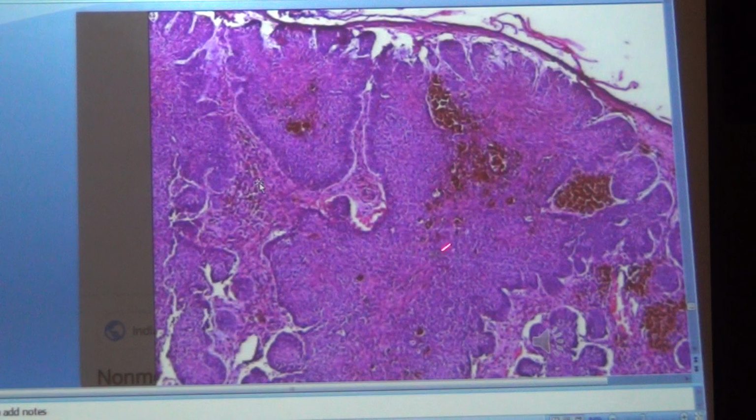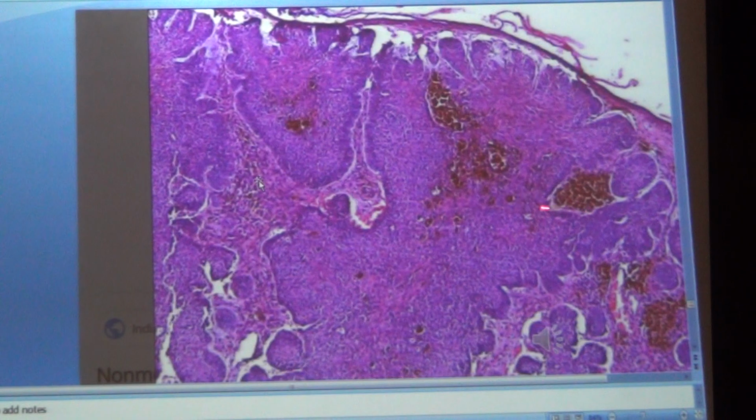Actually it is basal cell carcinoma, but clinically it may appear blackish and pigmented, so melanoma comes into the clinical differential diagnosis. This is pigmented basal cell carcinoma containing melanin pigment.